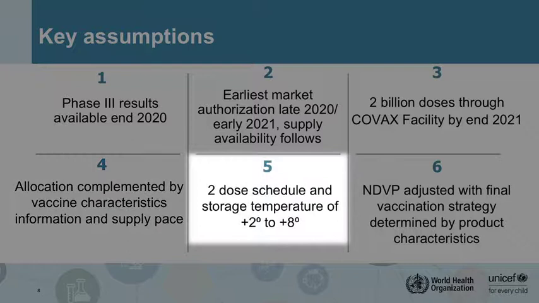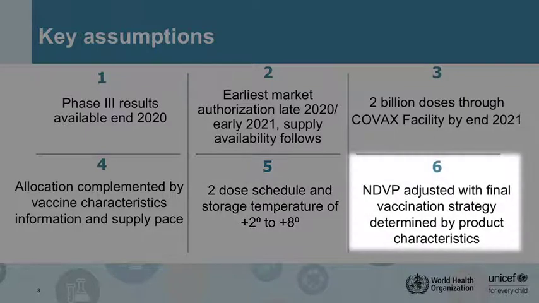The likelihood is that most COVID-19 vaccines will require a 2-dose schedule with a storage temperature of between 2 to 8 degrees Celsius. Ultimately, the NDVP is a living document that will need to be adjusted by countries depending on final vaccination strategies that will be determined by the product characteristics themselves.